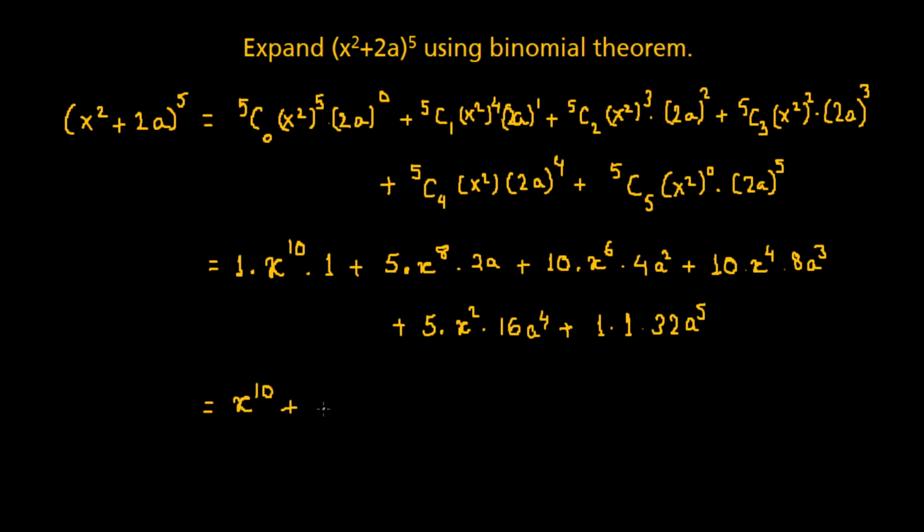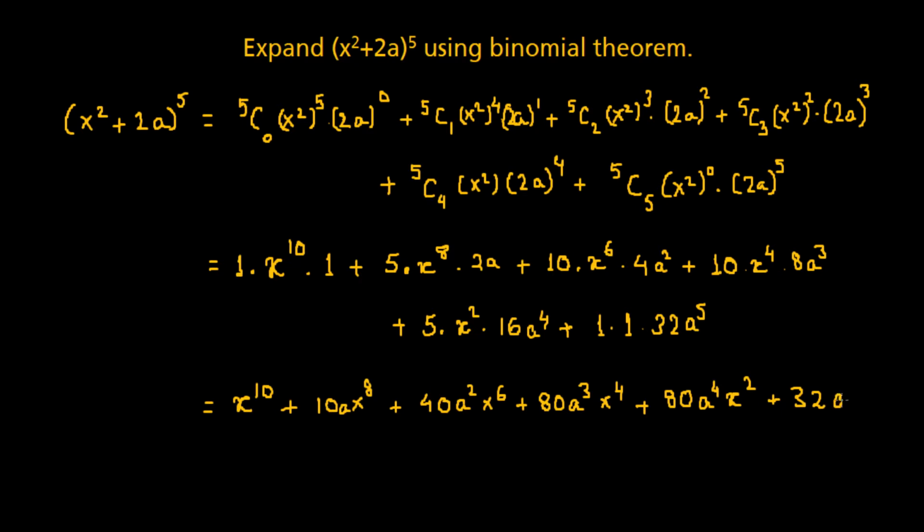Then 5 times 2 is 10, so this is 10a x raised to the power of 8, plus 10 times 4 is 40, so this is 40a squared x raised to the power of 6, plus 10 times 8 is 80, 80a cubed x raised to the power of 4, plus 16 times 5 is also 80, 80a raised to the power of 4 x squared, plus the final one is 32a raised to the power of 5.